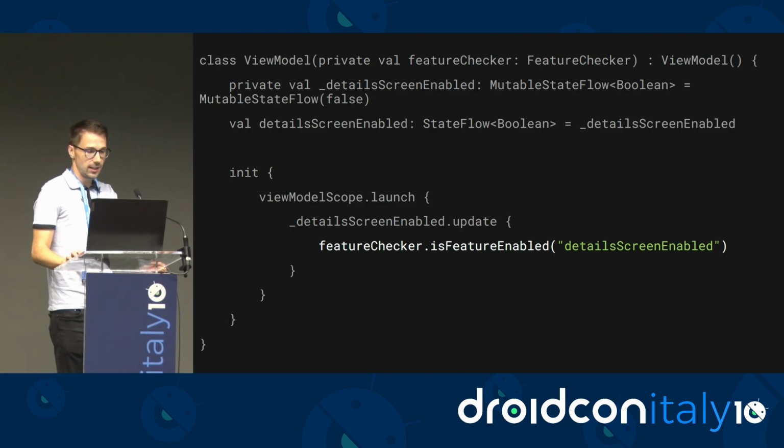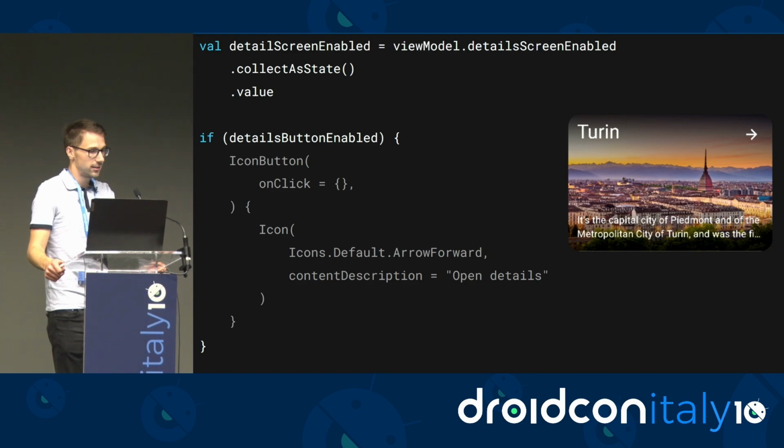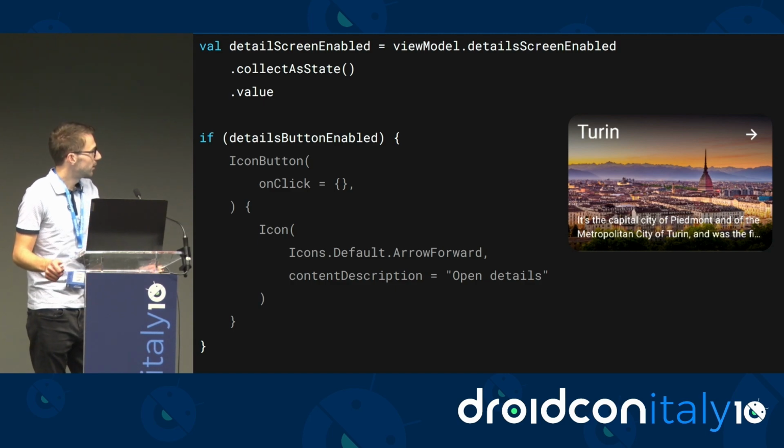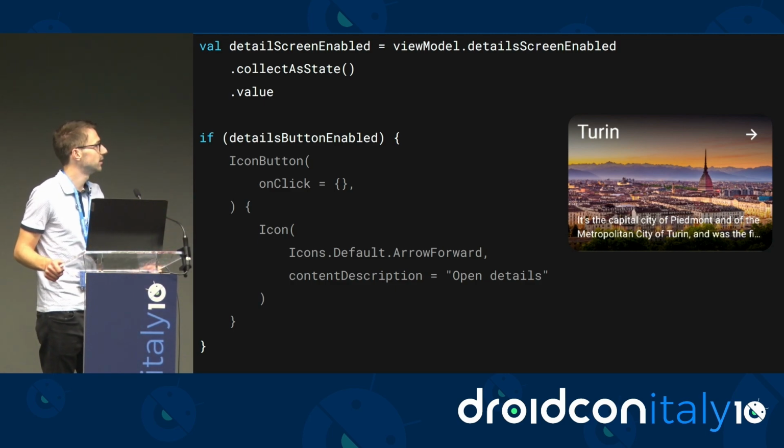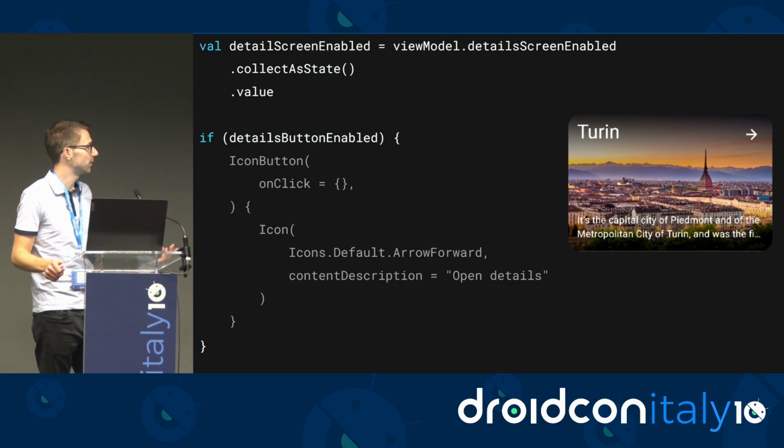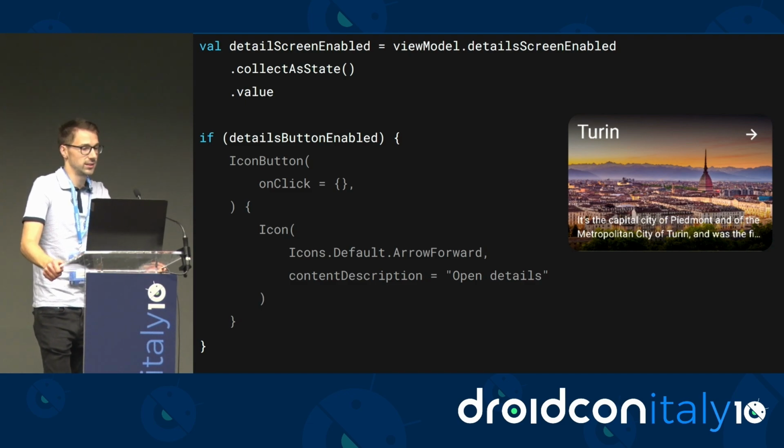And then in our UI, you would collect the value of the feature flag, and then you would change the UI depending on what's happening. So here we're showing the details button in the top right because the feature flag is enabled, and that allows the user to click on it, and that opens the details screen.